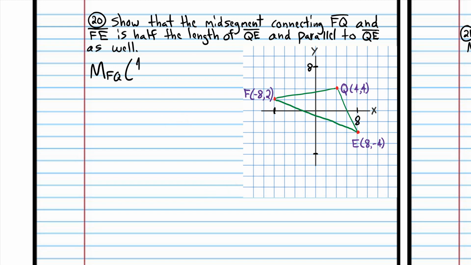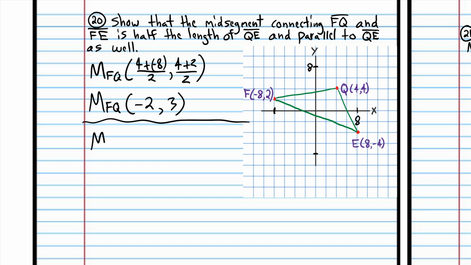So that would be 4 plus -8 over 2, and 4 plus 2 over 2. Simplify that, and we get -2 and 3. So now we're going to find the midpoint between F and E. So again, just to be sure, what we just did there, we found the midpoint between F and Q, so that is right here.